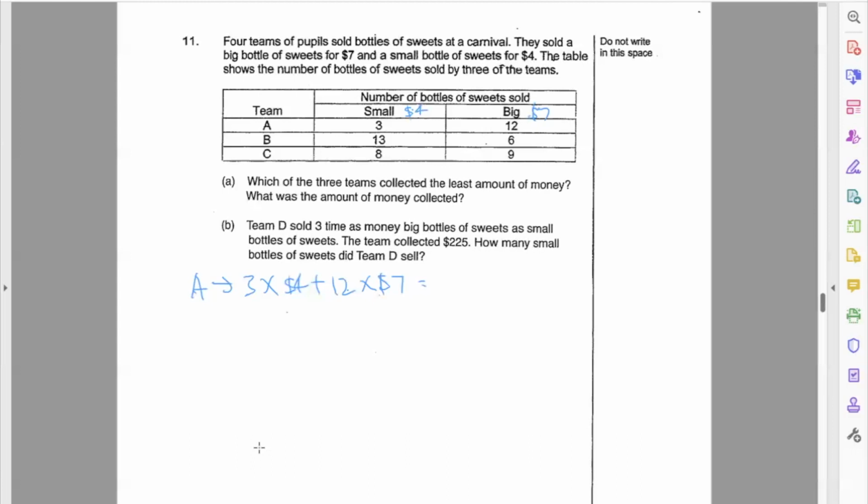$96. Okay, let's look at B. B will be 13 times 4 plus 6 times 7, and it's $94. C will be 8 times $4 plus 9 times $7, and you get $95.